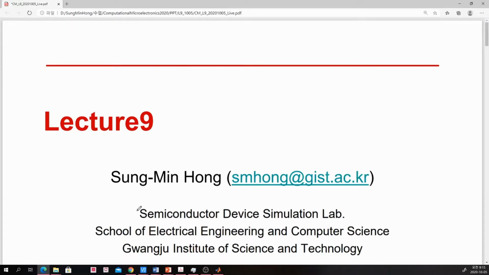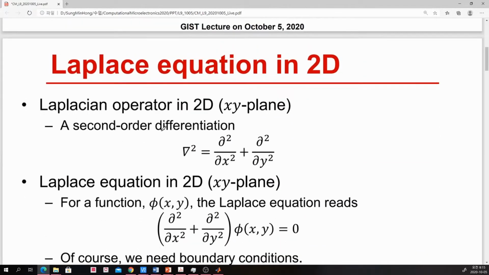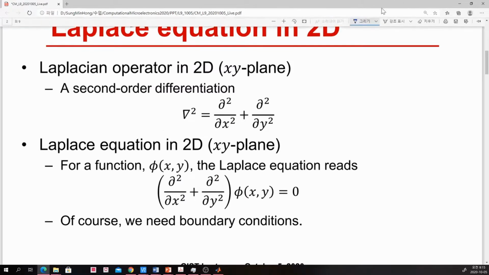So let's go to lecture 9, and this is the Laplace equation. I think that we don't have to spend much time on the introduction of the Laplace equation. Since we have a two-dimensional structure now, instead of derivation with respect to x only, now we have another one with respect to y.